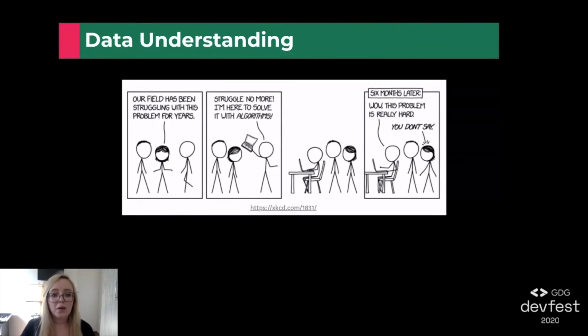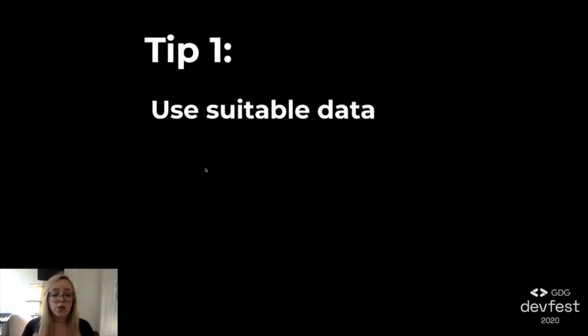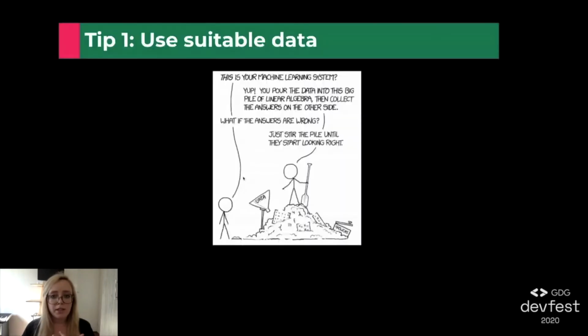All right, so now we know the importance of understanding our data. This means we can go on to our first tip for the day, which is use suitable data. Now, this might seem a little bit obvious, but any machine learning application, and especially text classification applications, are only ever as reliable as the data that they were built on.